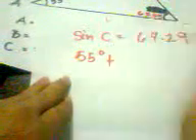To get the angle B, we will add the angle A, which has a value of 55 degrees, plus the angle C, which is 64.29.